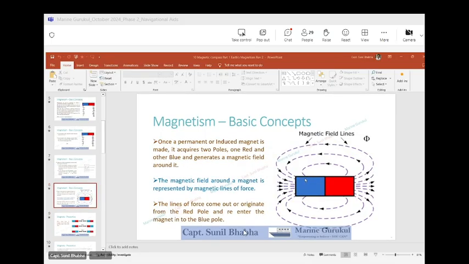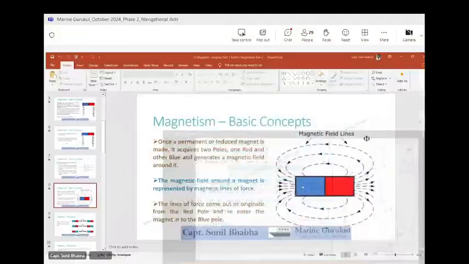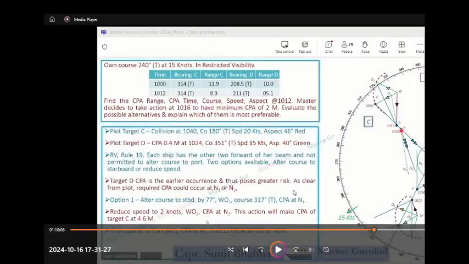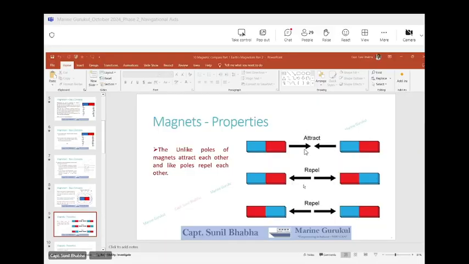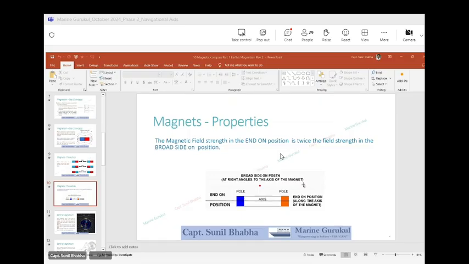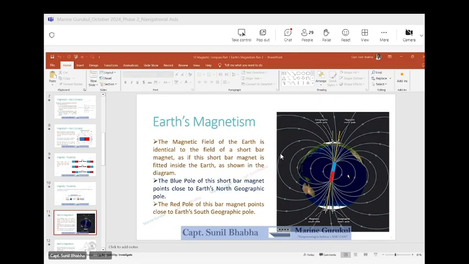Then after this, we saw that every magnet has two poles, blue pole and the red pole. Magnetic lines of force always come out from the red pole and they re-enter the magnet from the blue pole. We saw the two basic properties of magnets: like poles repel and unlike poles attract each other. And then we went into the Earth's magnetism.